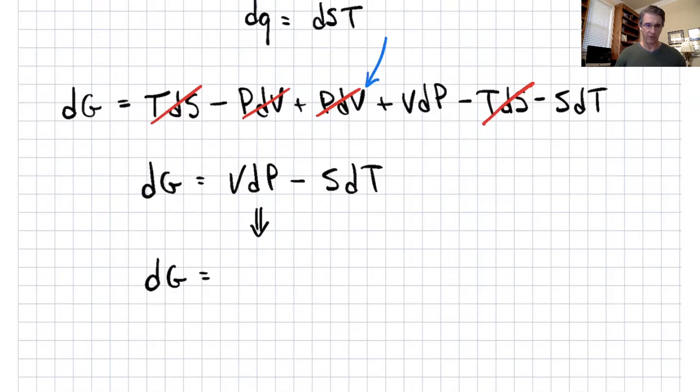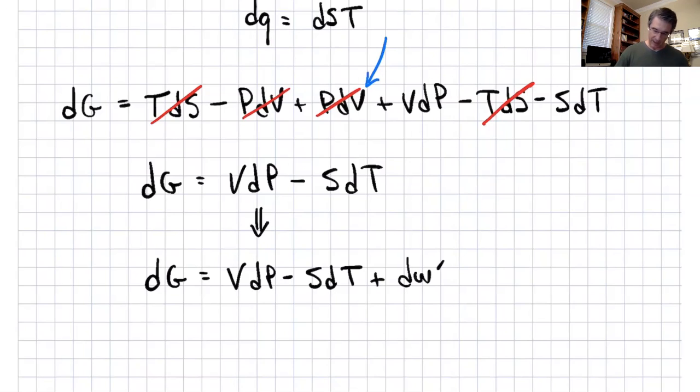The differential change in the Gibbs free energy has to be equal to VdP minus SdT plus dW prime. That's the differential of any work done on or by the system that is not pressure volume work.